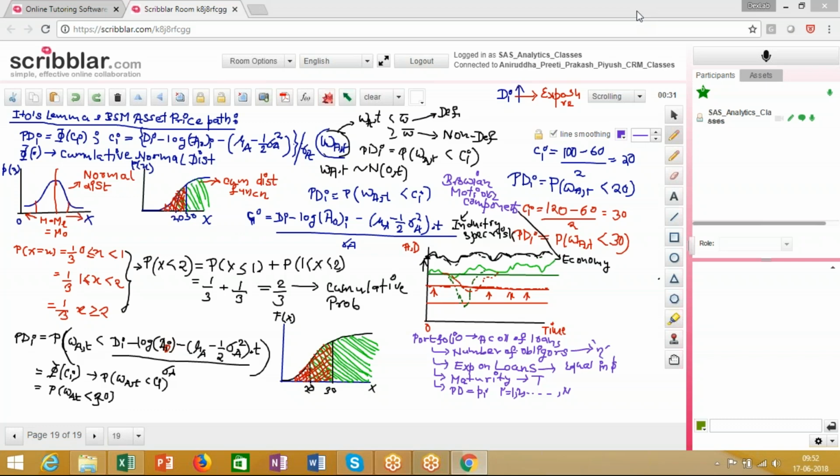Therefore, the PD over here is nothing but the probability of the ith borrower to default. So it's just a number, right? And our objective over here would be to finally calculate an expression or a formula for this P_i. And it is this part where we will distinguish between the point in time PD and the through the cycle PD, right?